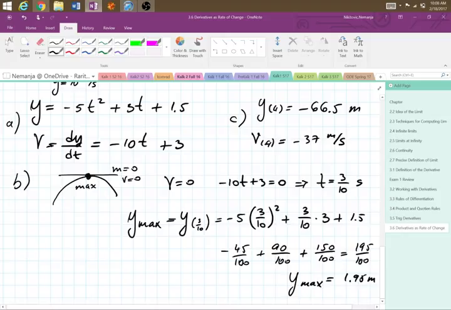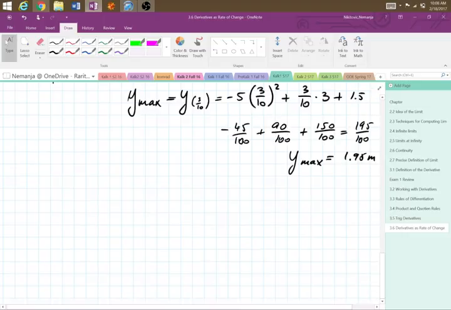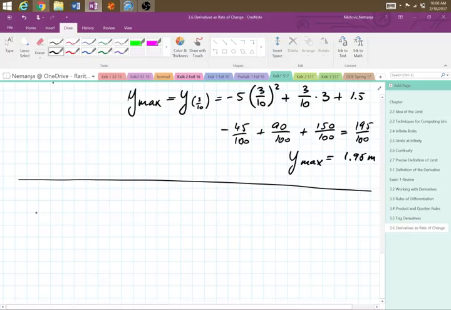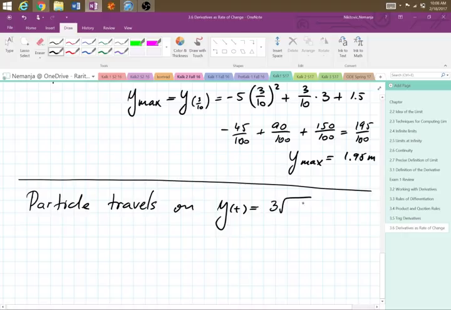Now, how do you get the average? The average will have you give 2 points between which you are computing it. So say that the particle travels on y of t equals, I don't know, 3 square root of t, oh, can't do that very well.